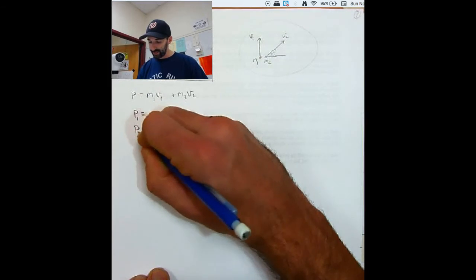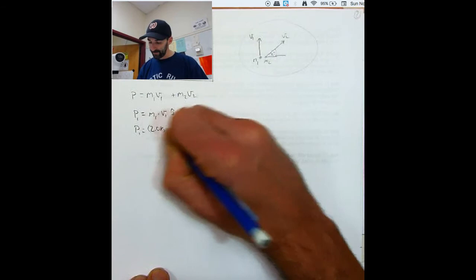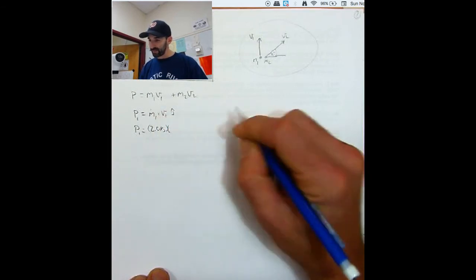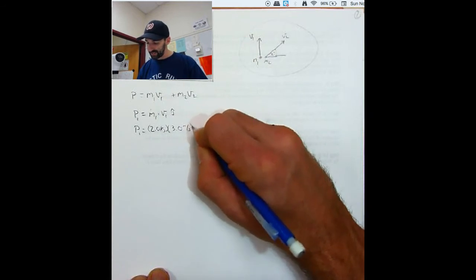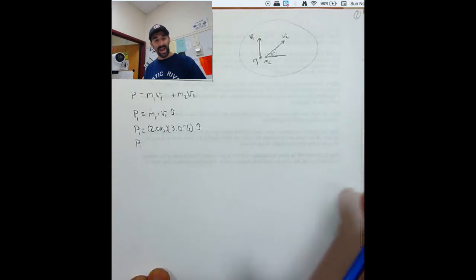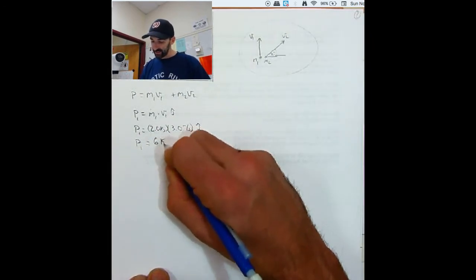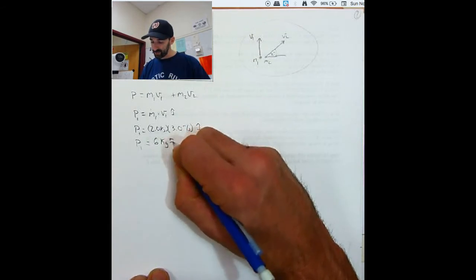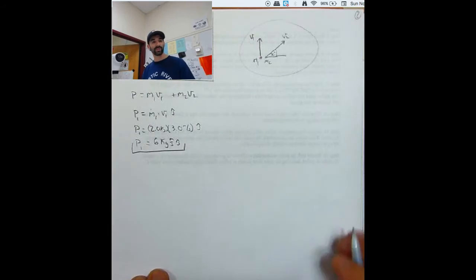I said it was 2.0 kilograms, and it was traveling at 3.0 meters per second in the J hat direction. So the momentum of object 1 after the collision is just 6 kilograms times meters per second in the J hat direction. That's pretty straightforward.